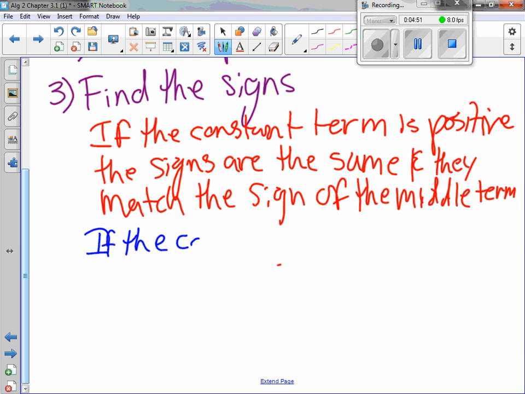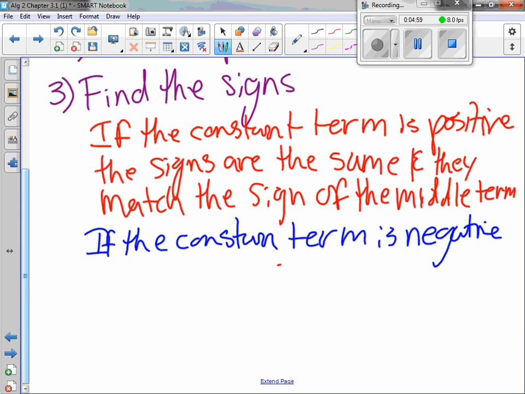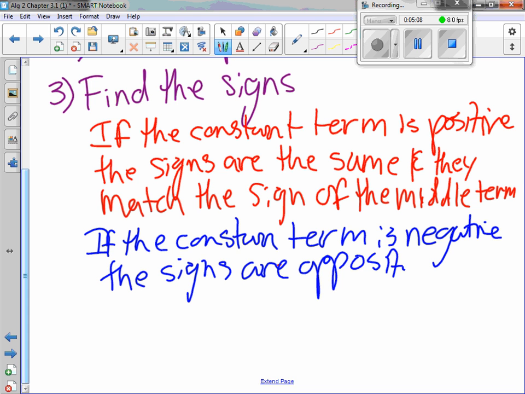If the constant term is negative, the signs are opposite. And all of these steps are going to make more sense when we get into it and actually start using it. But these here are the main steps and guides to how we do this here.